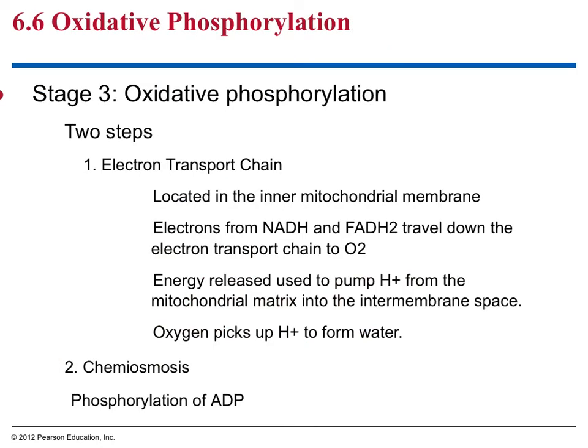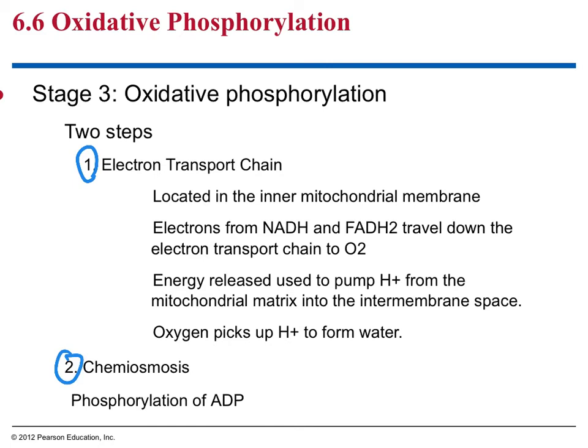So let me just introduce the 3rd stage to you, and then we'll cover the specifics in part 3. So oxidative phosphorylation is the very last step in cellular respiration, and it's got 2 substeps to it. The electron transport chain and chemiosmosis.